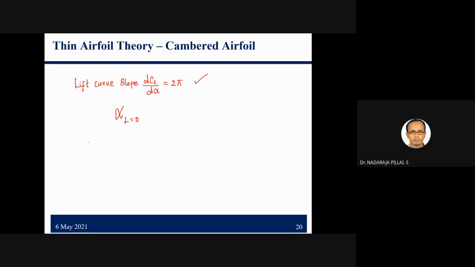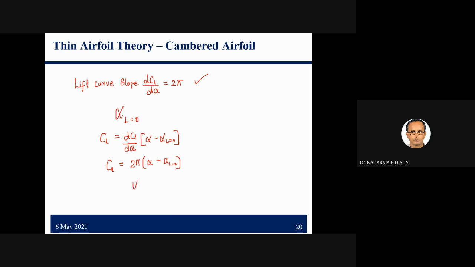I write further equation. We can write CL as dCl by d alpha into alpha minus alpha L equal to 0. Right? So this equation satisfies, and hence CL is equal to dCl by d alpha, which is 2 pi, into alpha minus alpha at L equal to 0.